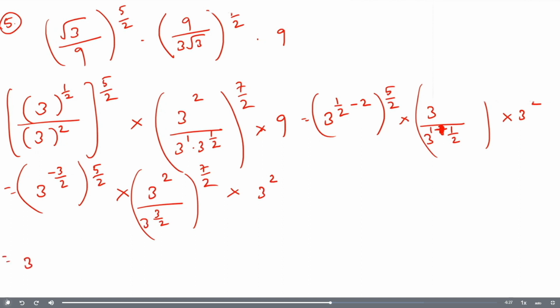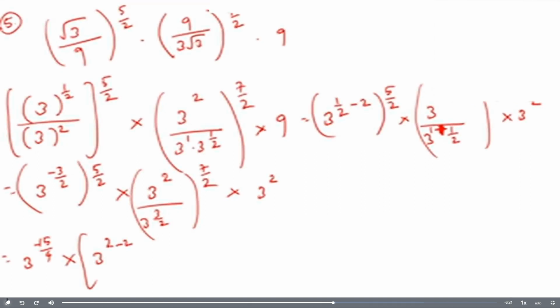This is 3 to the power minus 15 by 4, into 3 to the power (2 minus 3 by 2) whole to the power 7 by 2, into 3 square. For 2 minus 3 by 2 we take the LCM: 1 into 2 is 2, 2 into 4 is 4, so it is 1 by 2.